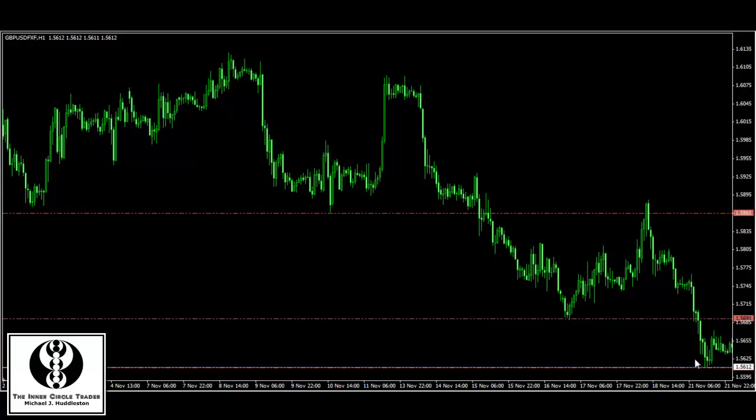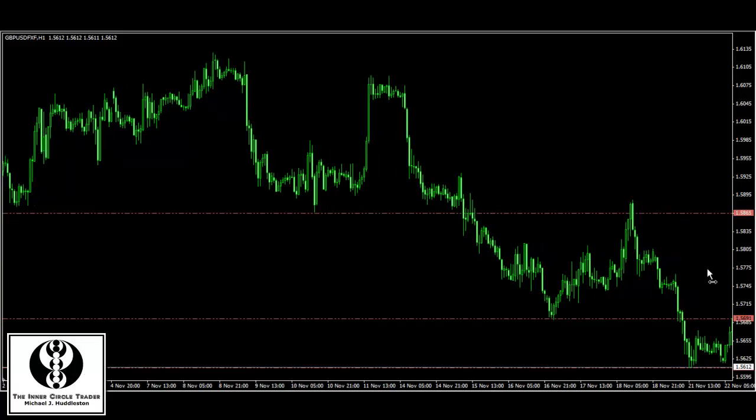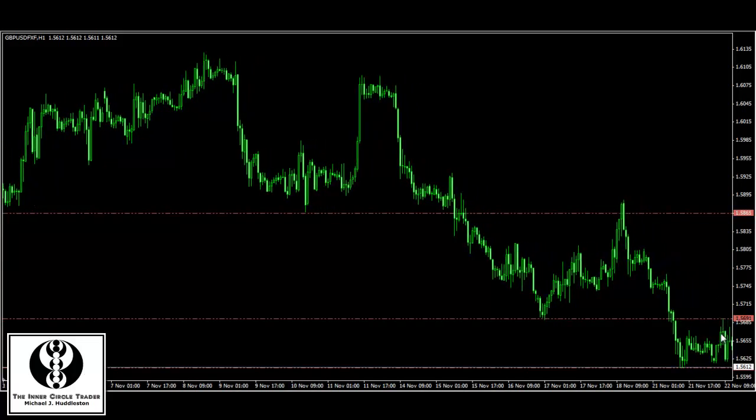And I suggested that this low was going to provide a catalyst to push price back up into this high right in London Open, and then we would look for a short. Well, there's your push up into London Open.